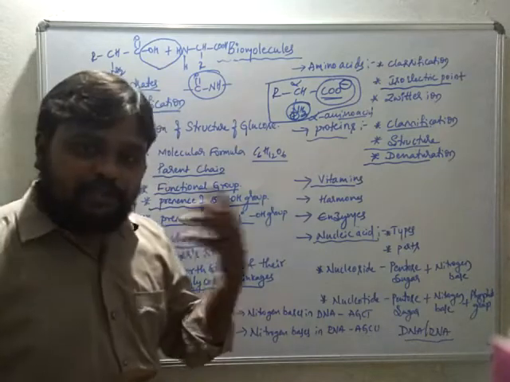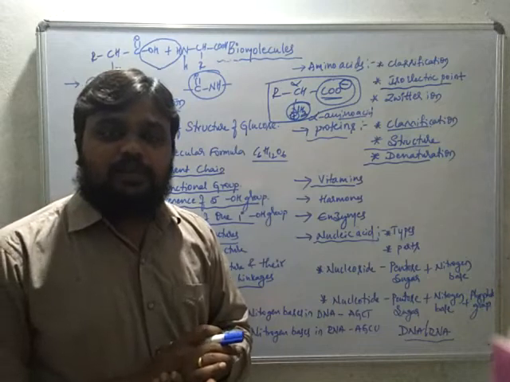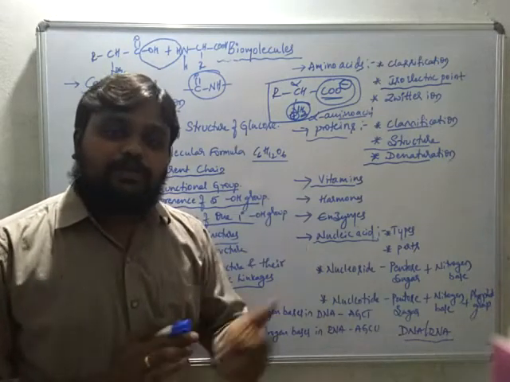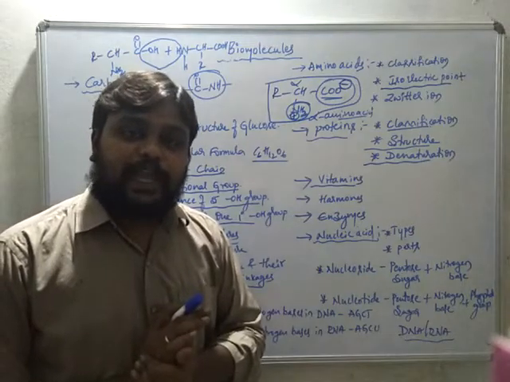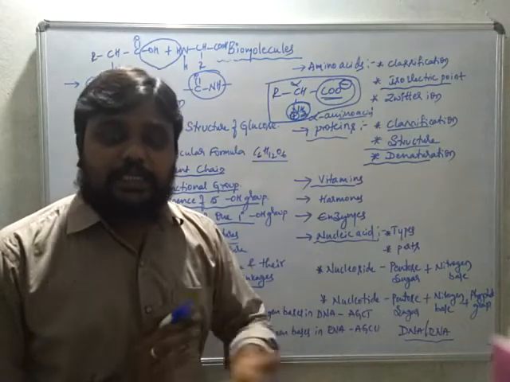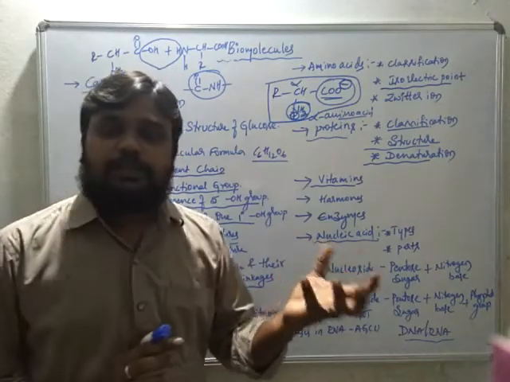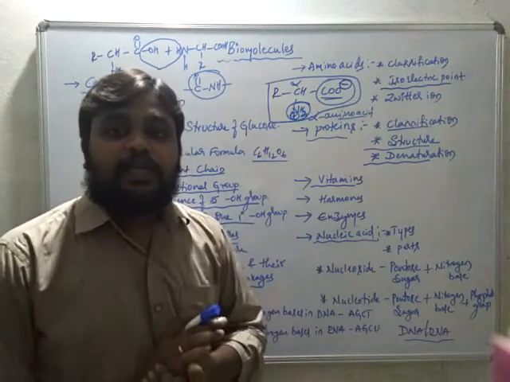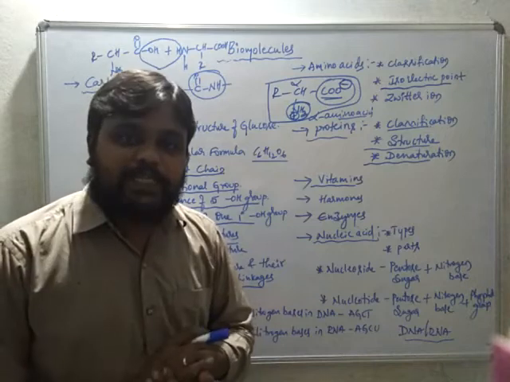Next, we have the diseases caused by the deficiency of vitamins. Deficiency of vitamin A causes night blindness, vitamin B causes beriberi, C causes scurvy, and D causes rickets. Deficiency of vitamin K increases the blood clotting time.